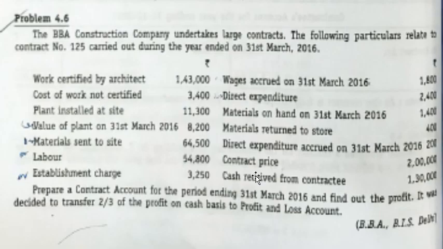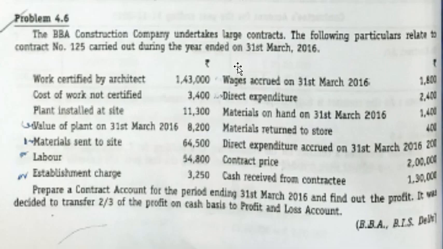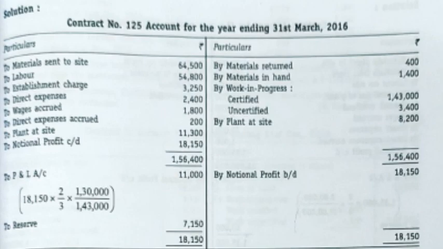Then establishment charges 3,250. After that, wages accrued 1,800. Direct expenditure 200. Then we have in the question the direct expenditure which is 2,400, which is also taken.